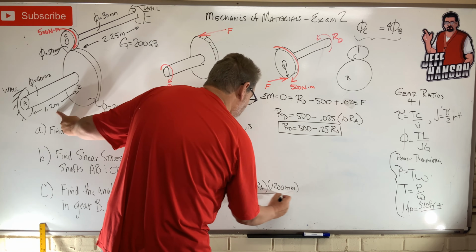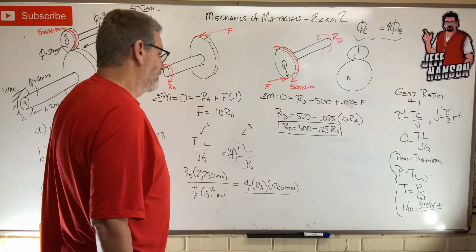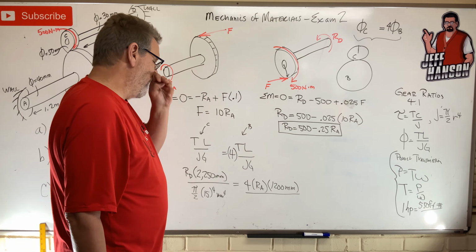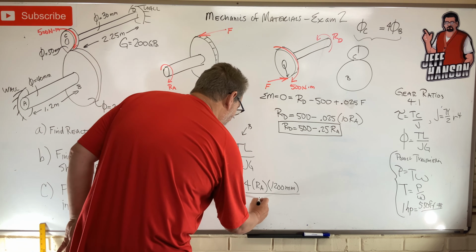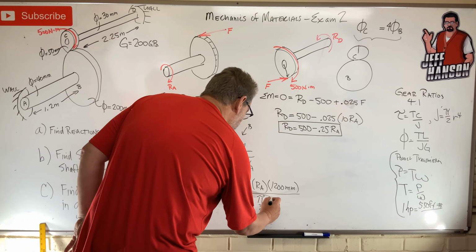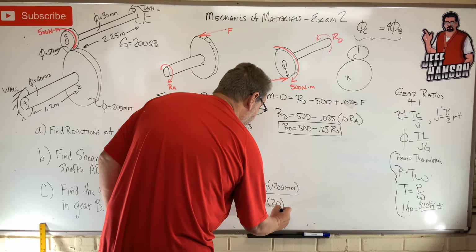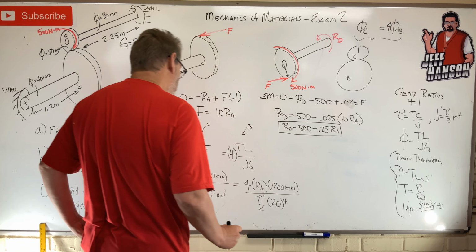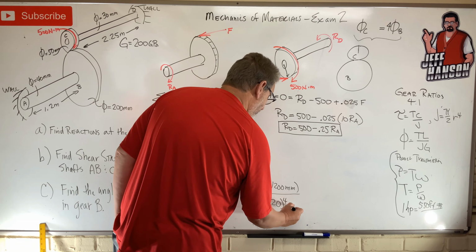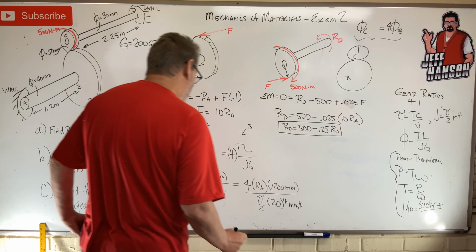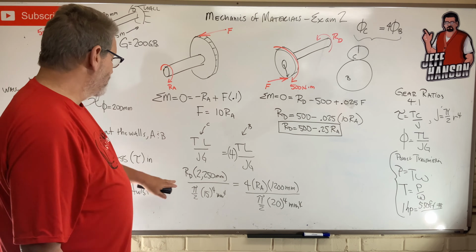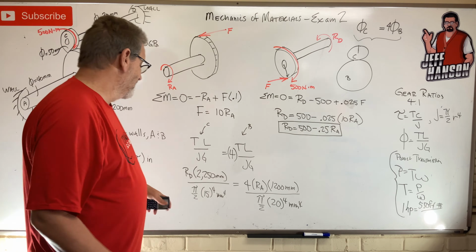TL over J. Oh no, what's J? Same thing. Pi over 2 times, that one's 40, so the radius is 20 to the 4th, millimeters to the 4th. That's going to give us a relationship between RA and RD, isn't it?